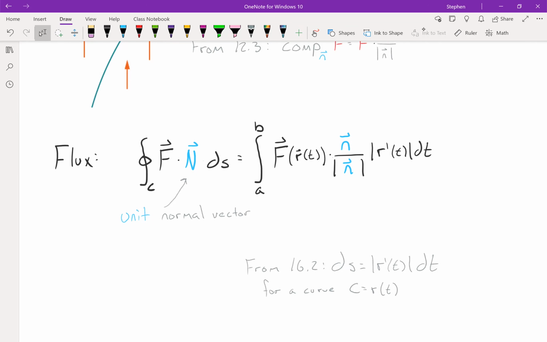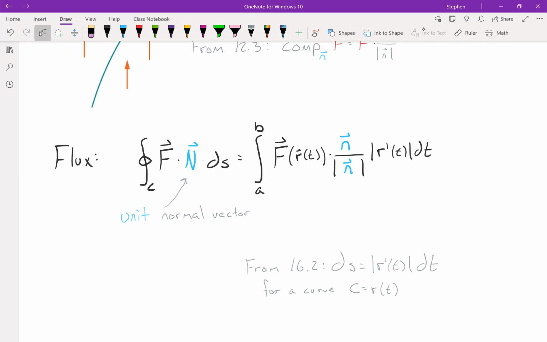If we recall back to line integrals, which is in section 16.2, we know that ds is going to be equal to the magnitude of r prime times dt, as long as we have a curve that can be parameterized by r. So again, we need to change ds back to dt, so that instead of trying to move through some awkward curve in space, we can just move along the line that's going to be on the t-axis. We can convert ds into dt, just with that magnitude of r prime getting multiplied in.